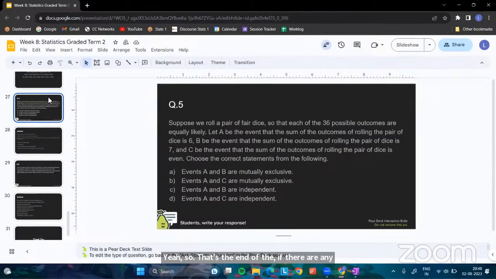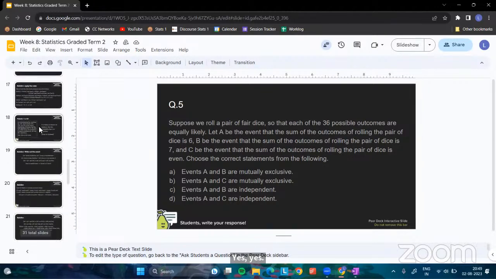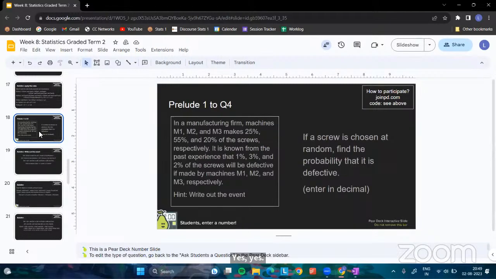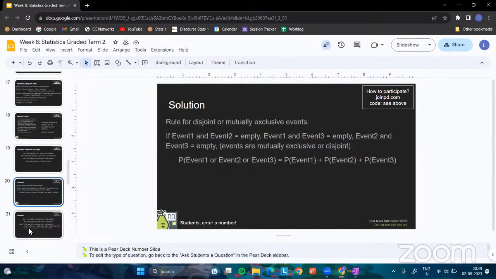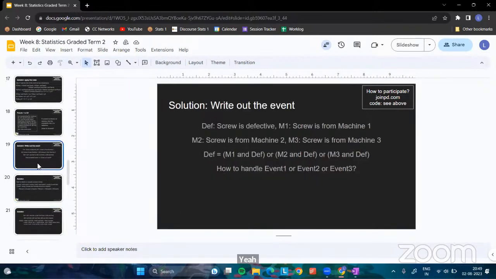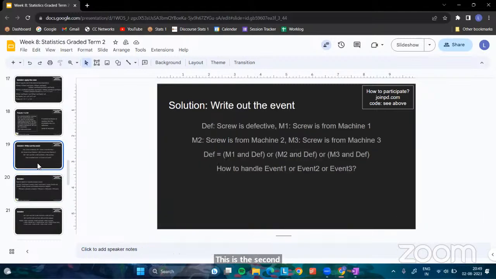Hello, ma'am. The question where M1, M2, M3 were there, no? Can you show me the first part of that solution where the solution was 0.023? Yeah, so this is the first part. Okay, ma'am. This is the second. Wait, ma'am, I need the first part.